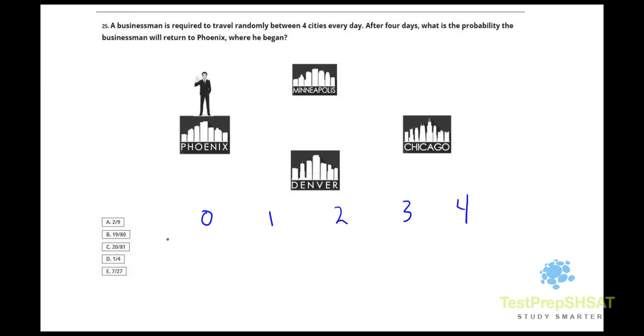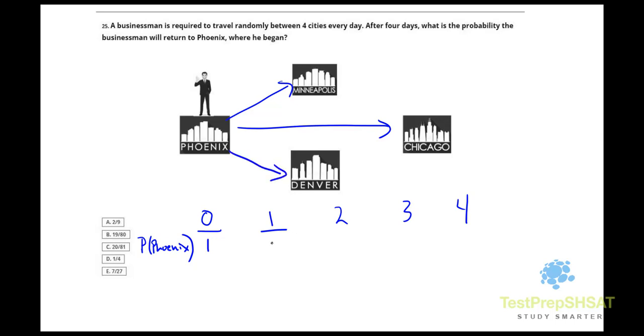On day 0, when he starts, the probability of being in Phoenix is 1, because he's already there. And on the first day, he can travel to any of the 3 cities, which means the probability of being in Phoenix is 0. He must travel to a different city.